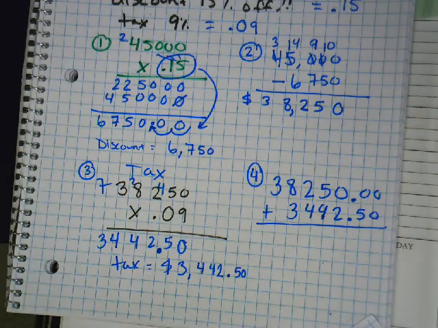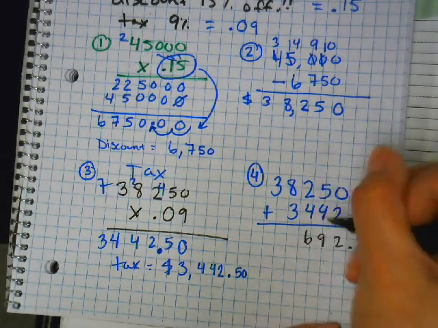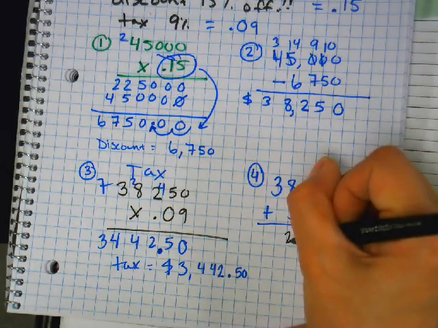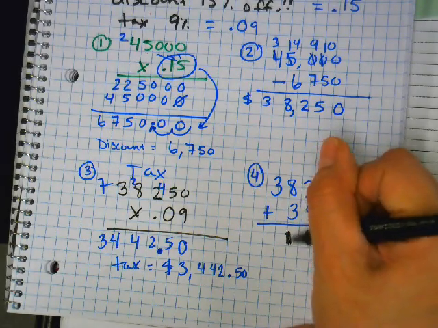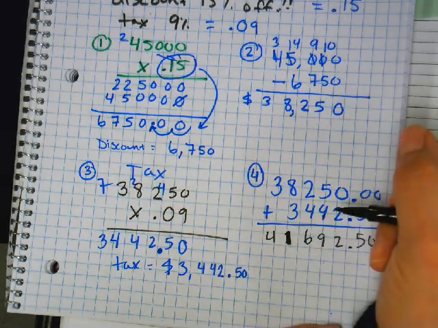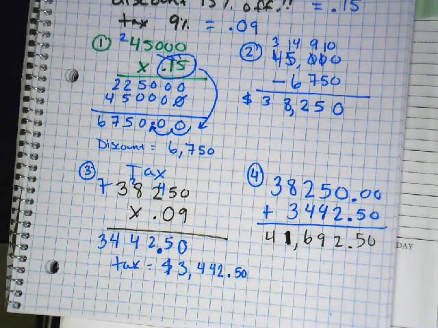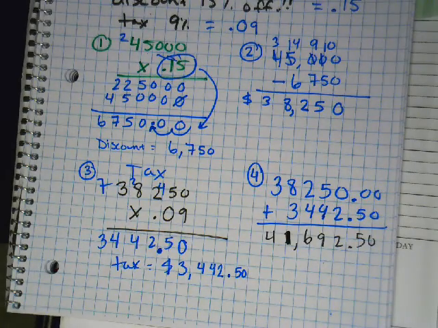I got 41,692 and 50 cents. Yeah, that's what I got. I said 42, but then I did the math and got 41.